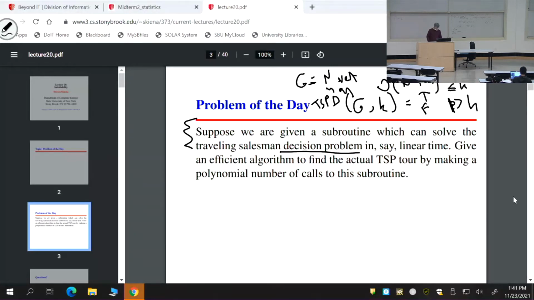So if there is a good tour of weight K, your thing is going to say yes, and if there is no tour of weight K, it is going to say no.